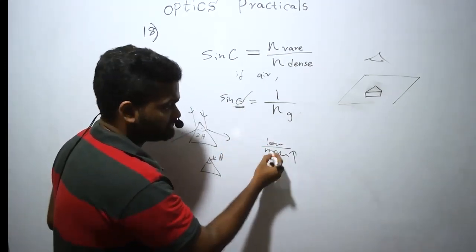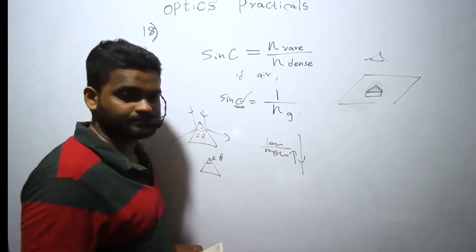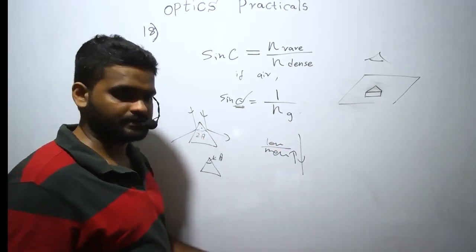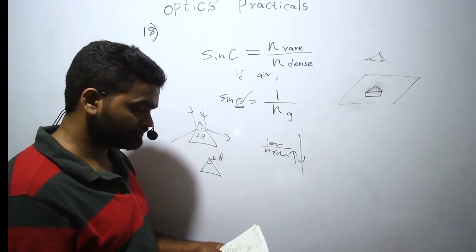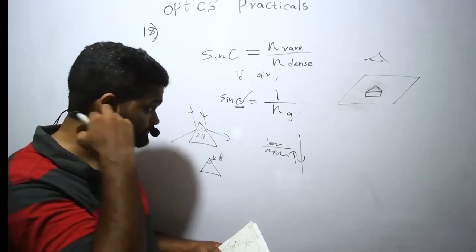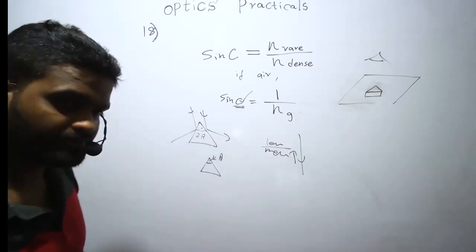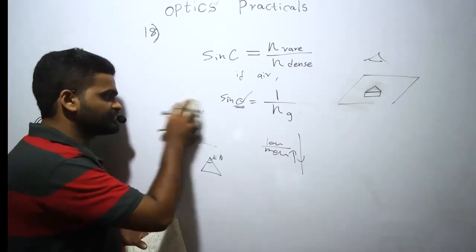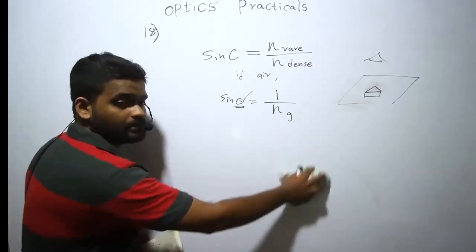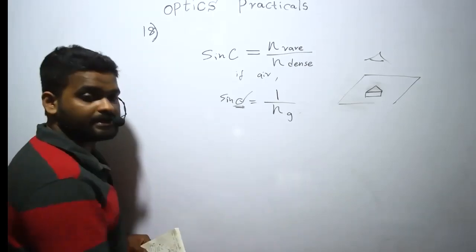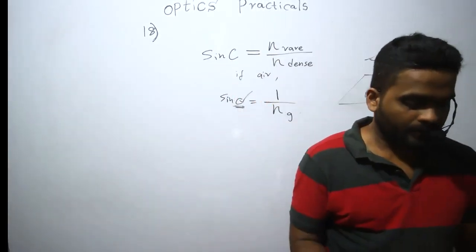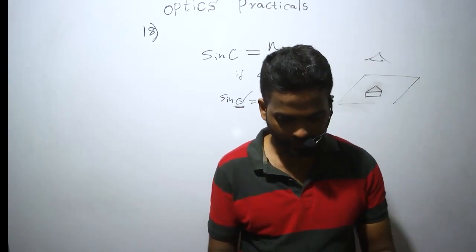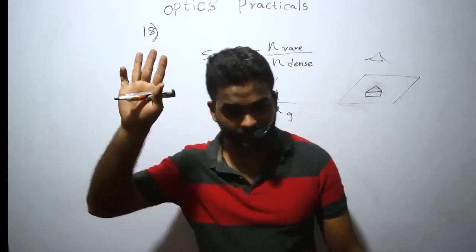If the measurement increases, fractional error decreases. Okay, just know that fact as well. That's why we go for a complicated method to find twice the prism angle. Right, that's it.